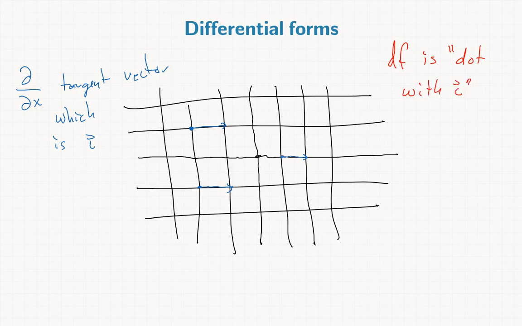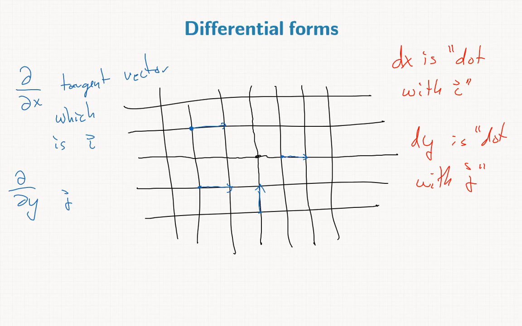And then similarly, del by del y would be the tangent vector j everywhere. Whereas, sorry, dx is dot with i and dy is dot with j.